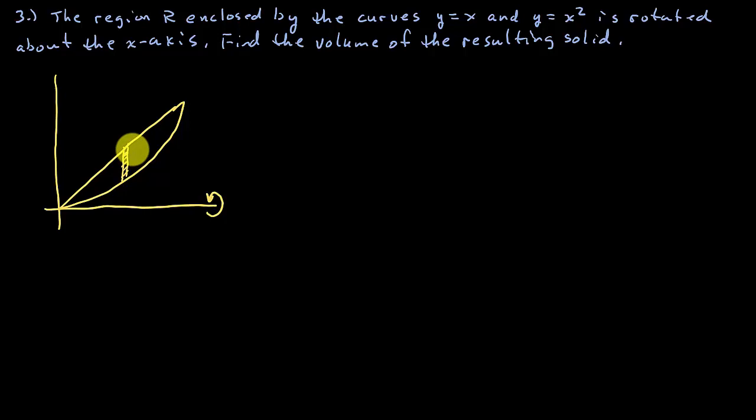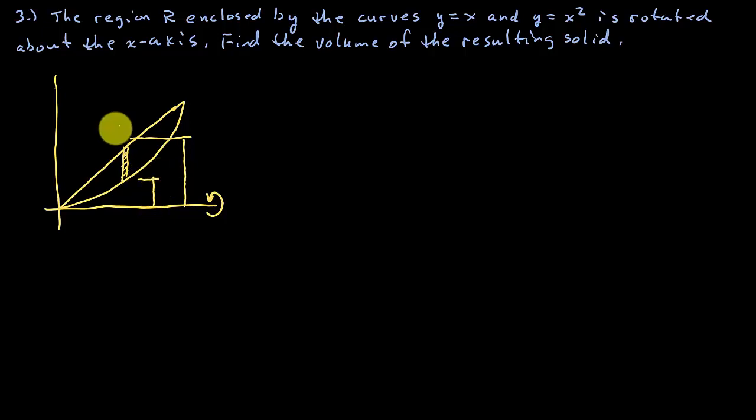Now, this is where the washer method comes in handy, because we're going to need big R and little r, the big radius and the smaller radius. So remember, the radius is from the axis you're rotating about to the furthest end of the rectangle, and the axis you're rotating about to the closest end of the rectangle.